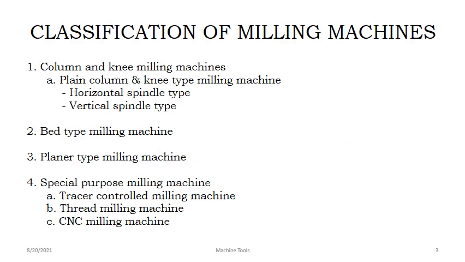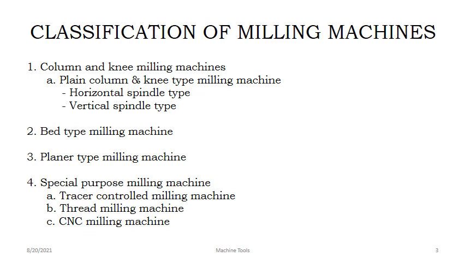Next, classification of milling machines. Next slide. There are different types of machines used in industries or factories. Mainly there are four important types. First is the column and knee milling machine, the plain column and knee type, which has two sub-classifications: horizontal spindle type and vertical spindle type.